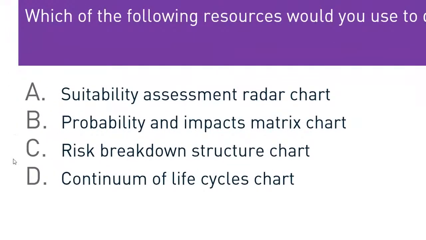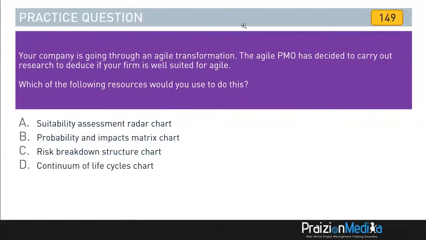This looks at project suitability generally, but it's not the best answer either. C, risk breakdown structure chart, is not a good fit to help know if your firm is suited for agile. Probability and impacts matrix is helpful when computing a risk score, so it's not that. The best answer is A. It's the suitability assessment radar chart.